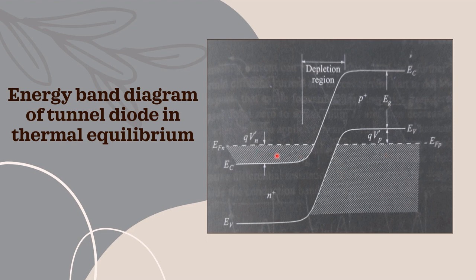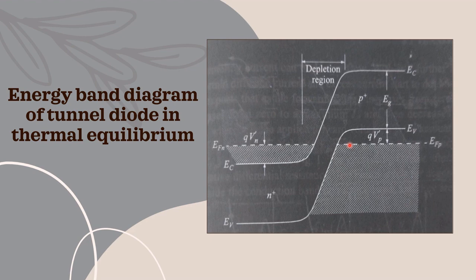The Fermi level EF is constant at the junction at thermal equilibrium. Since the Fermi level is the highest occupied energy level, no current can flow through the junction.